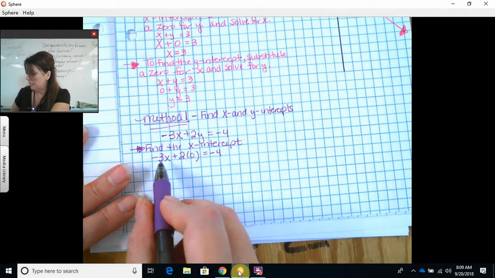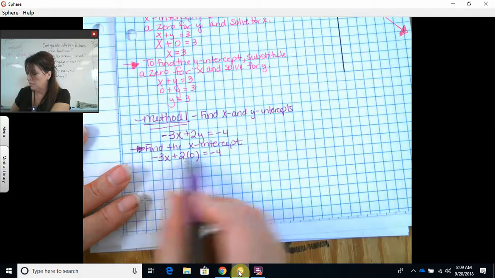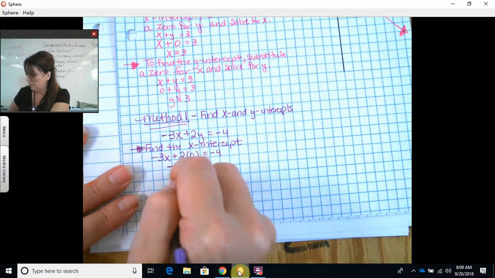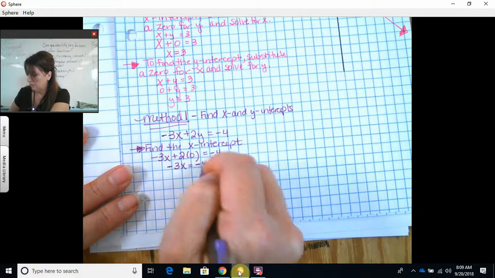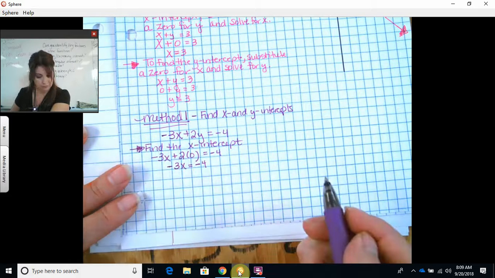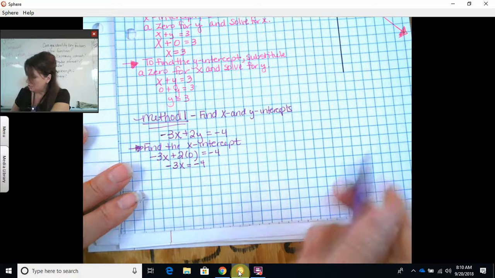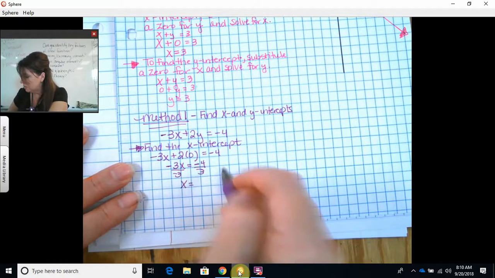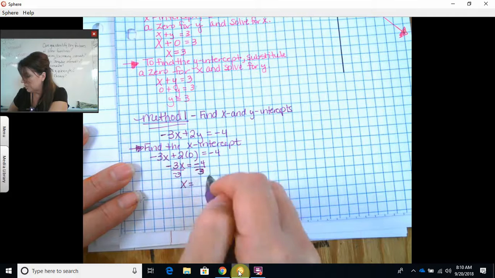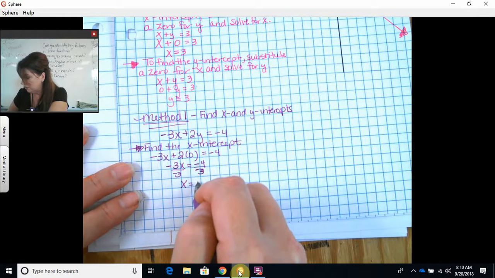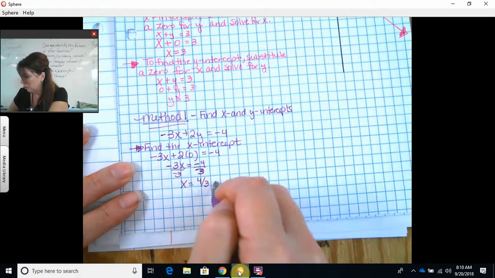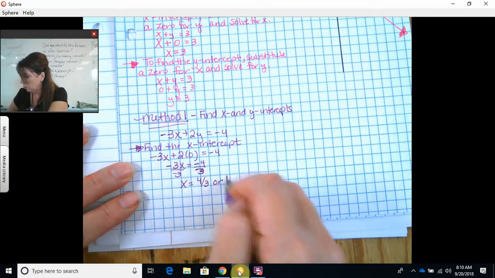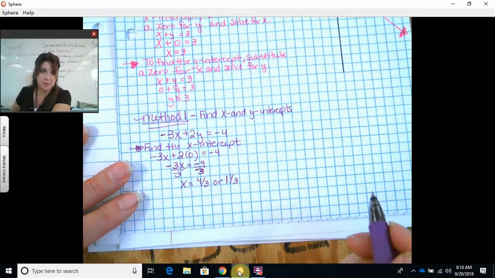So instead of writing -3x plus 0 equals -4, I'm just going to write -3x equals -4. So divide both sides by -3. And x equals -4 divided by -3, which is positive 4/3. Or we could say 1 1/3 or 1.3 repeating.